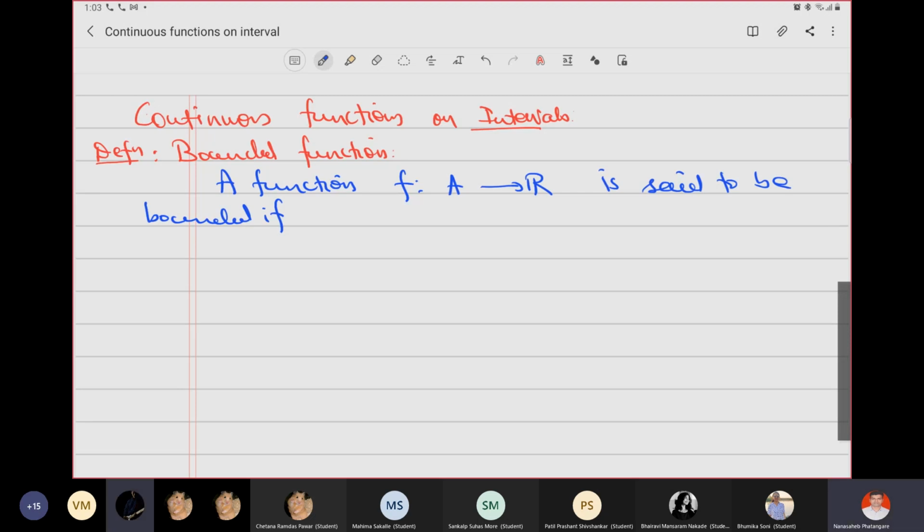There exists an m such that the absolute value of f of x is less than m. Right.